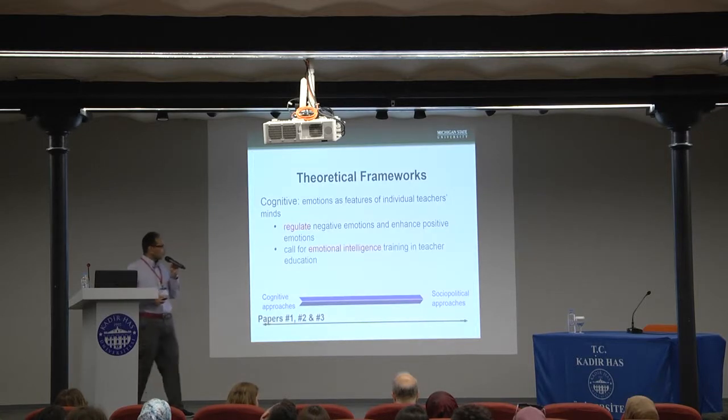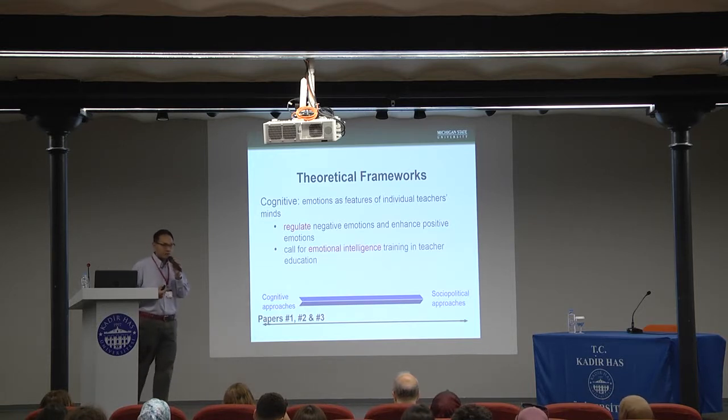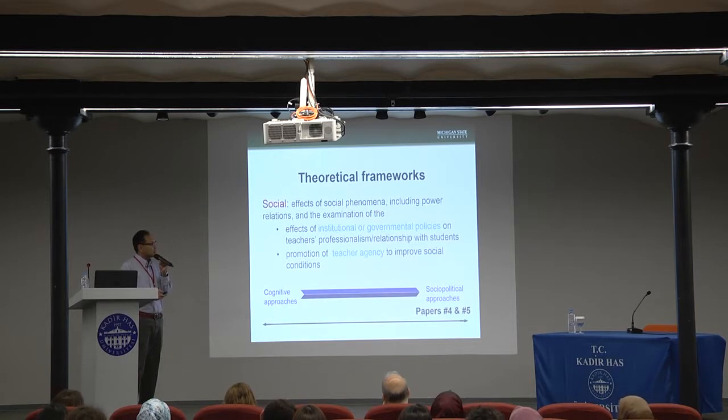So once again, if we were to arrange it in a cline, colleagues who work within a cognitive perspective would be concerned with how teachers regulate or control their negative emotions in order to enhance their positive emotions. And there's also been a call to develop emotional intelligence among teachers in teacher education.